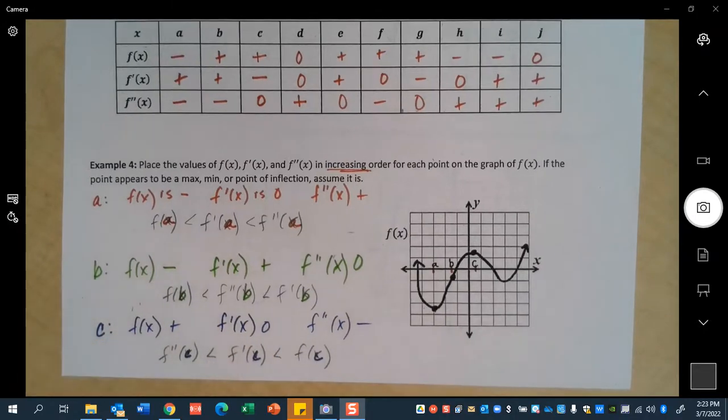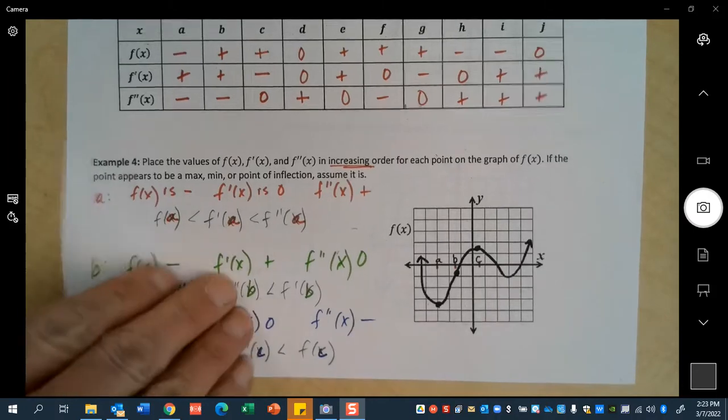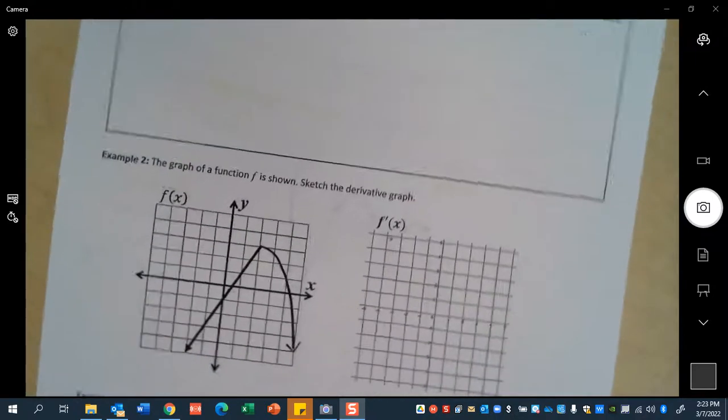So even though my input values are all the same, my output values, whether I'm talking about my function, the derivative, or the second derivative, are a little bit different. Are you with me? All right, let's flip over.